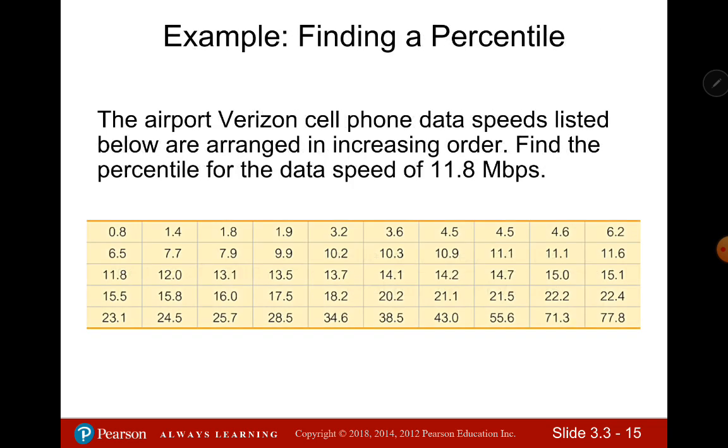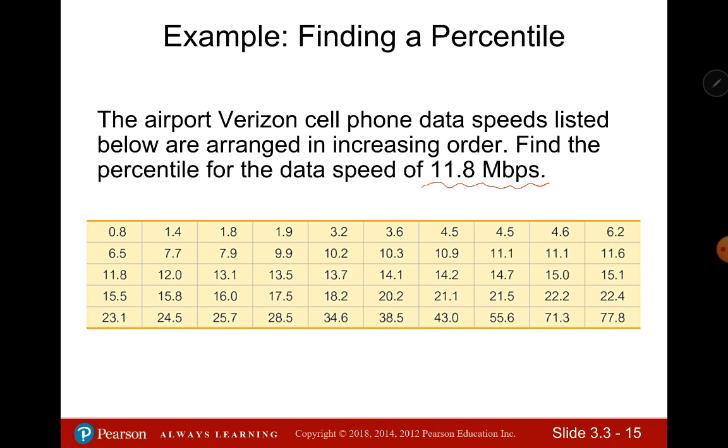Let's check the example. We can do the practice together, then we can understand well. So we have the whole data set. Okay, how many values do we have? 50? Yeah. We are given an x value, 11.8. We want to know what's the corresponding percentile for this x.